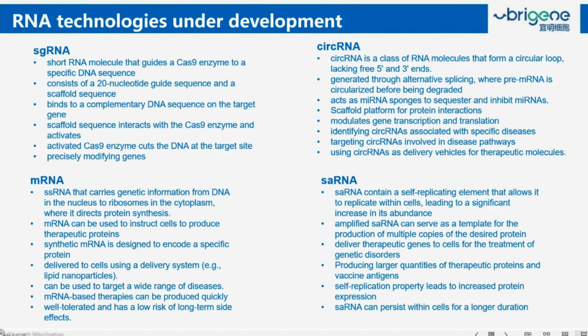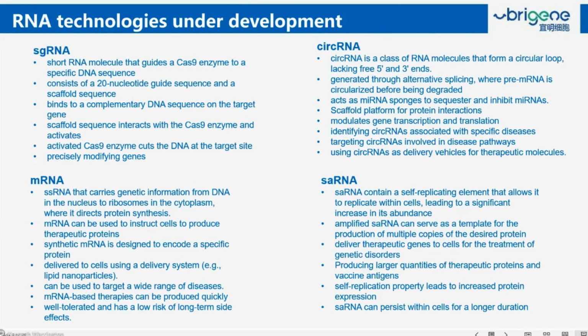CircRNA is an interesting novel class in active development. It's a class of RNA molecules that form a circular loop, lacking free 5' and 3' ends. They are generated through alternative splicing, where a pre-mRNA is circularized before being degraded. Naturally, they act as miRNA sponges to sequester and inhibit miRNAs.